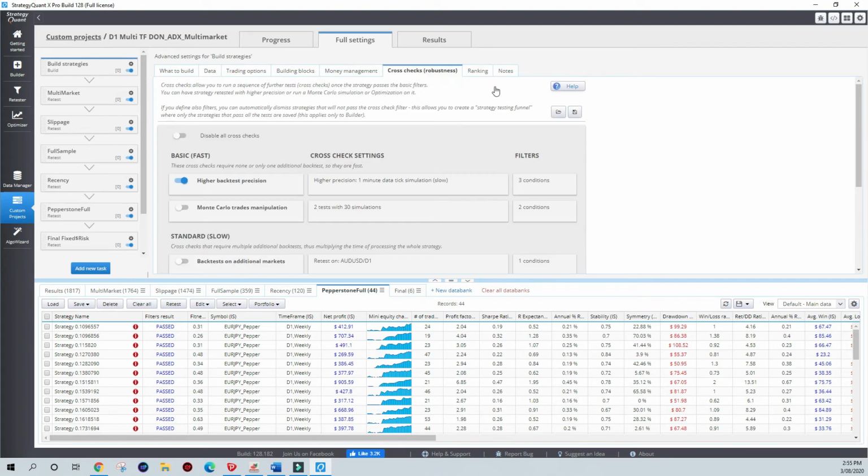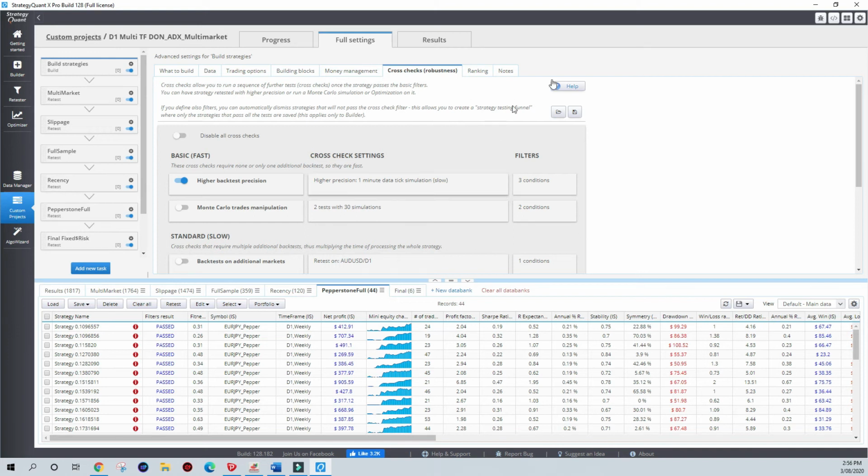But in my cross-checks, once strategies have successfully navigated the faster method of time frame, I wanted to go to more precision once it's been validated on the prior method, on the 1 minute data, because we use this stochastic minute data, it allows a more accurate result to be defined through this process.